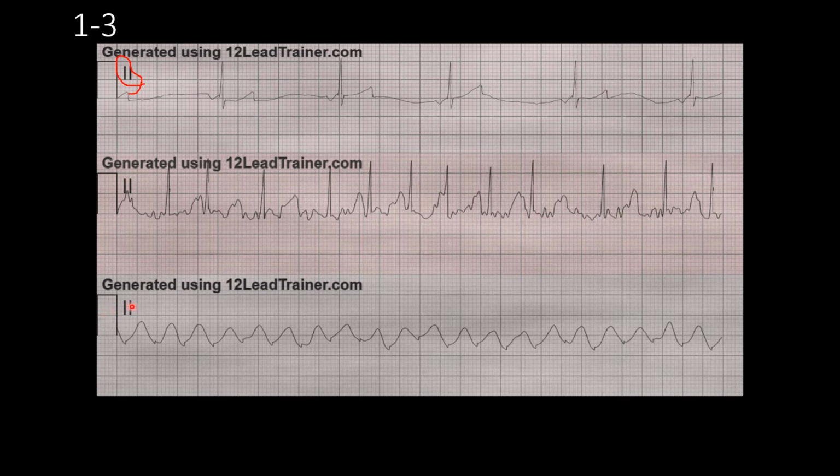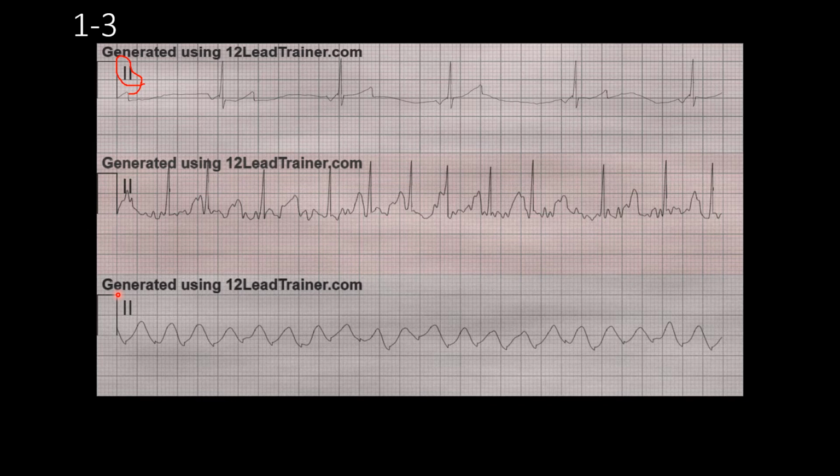Now, number 3 down here, if you wanted to see if it's regular or irregular, you could say it's regular, I guess. When you see something like that, I wouldn't worry too much about that. Rate, we can't really tell. You could try if you wanted to by going down here and counting those, or counting the top of these, but it'd be hard to tell, honestly.